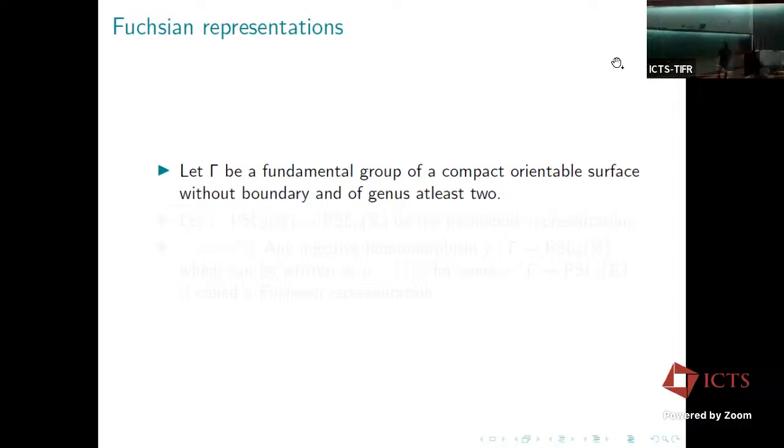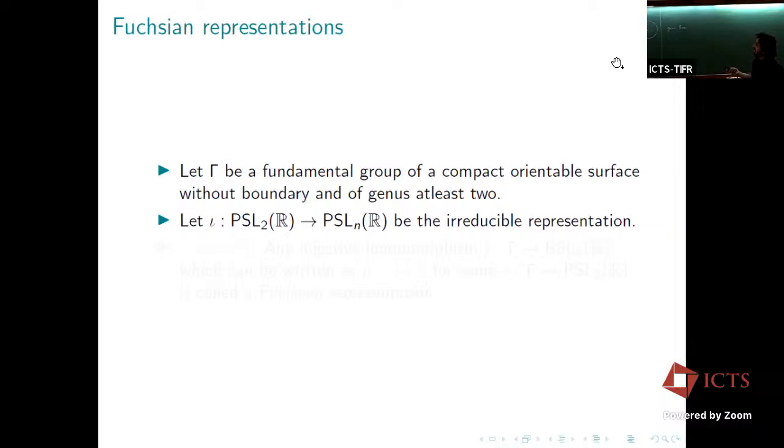And you also have this representation of PSL2R inside PSLNR, called the irreducible representation.